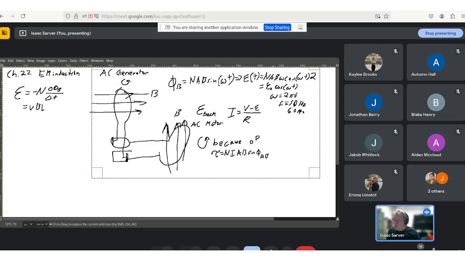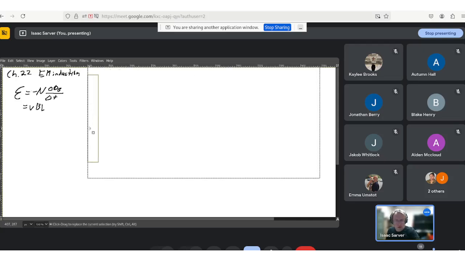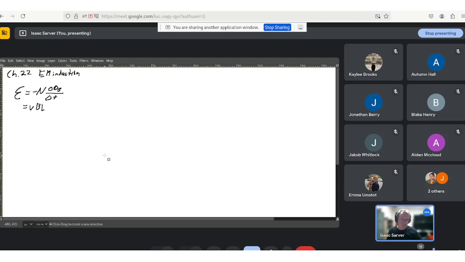If your loop of wire moves into the magnetic field, that's Lenz's law. But what's the difference between a change in magnetic field and a change in the area of the loop, as far as the magnetic flux is concerned? Nothing's different. It just looks a little different. It's a question of mechanism and not a question of how. Anyhow.